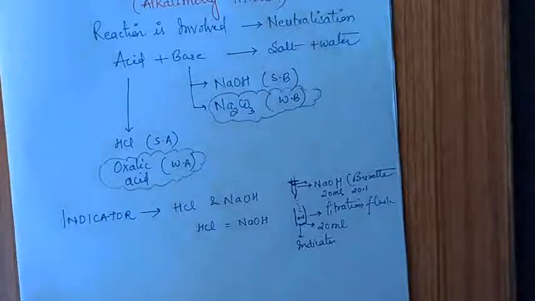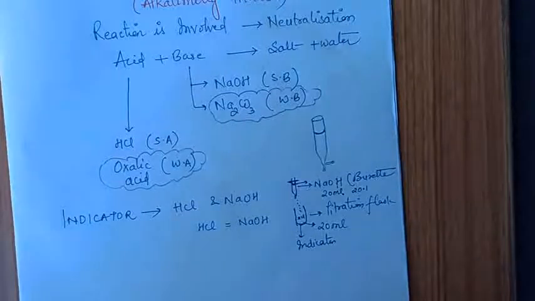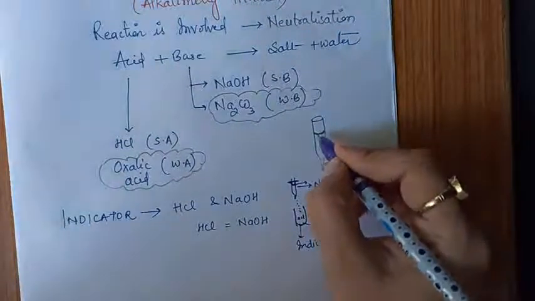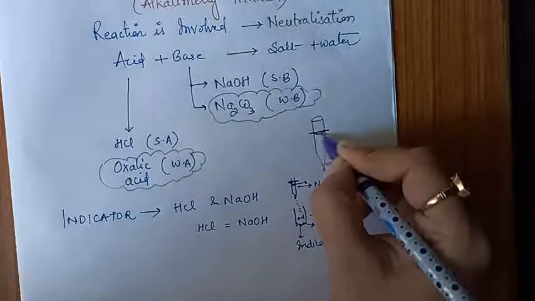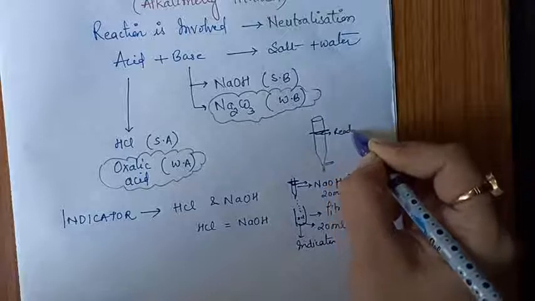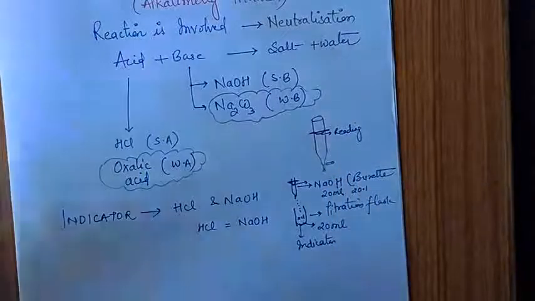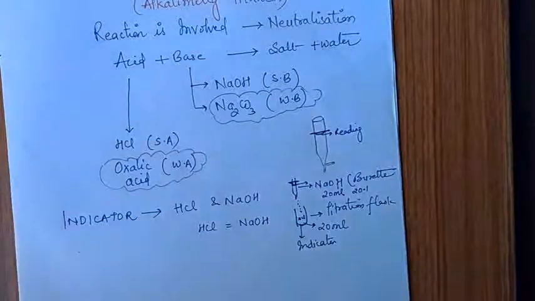So in colorless solutions, we see the reading from the lower meniscus. Let me explain the meaning of meniscus once again. See, it's a colorless solution. Supposingly the solution is filled till here, but this is the meniscus which you will see for your reading. This is called looking for the lower meniscus. And in colored solutions, we see the upper meniscus.